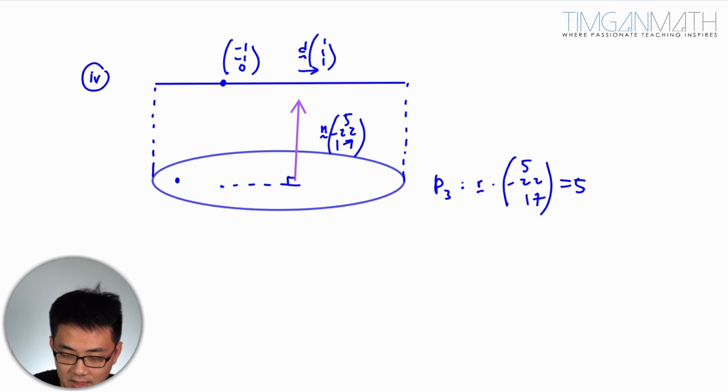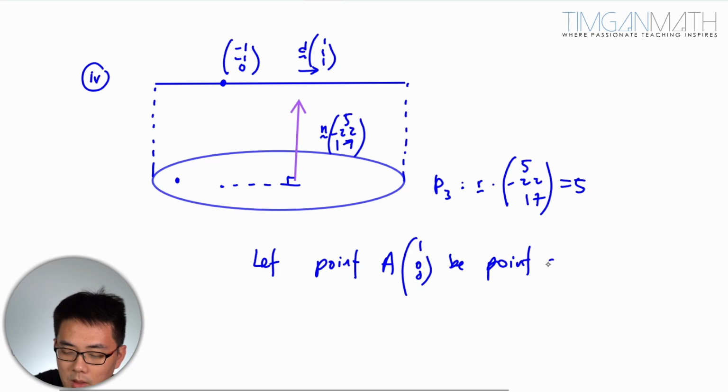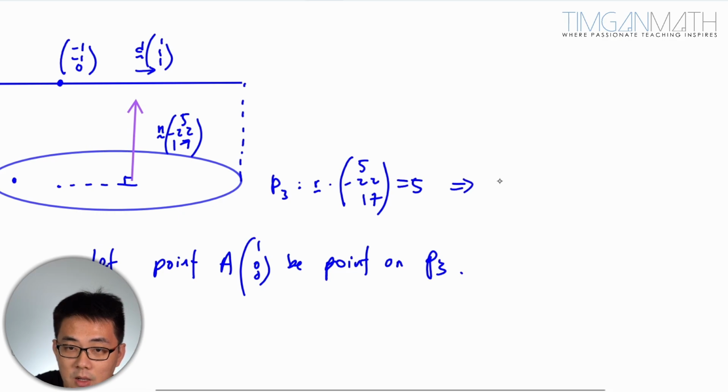So just guess a point on the plane. I'm going to let point A, which is (1, 0, 0), be a point on P3. So you get (1, 0, 0), any combination. So this is actually 5x minus 22y plus 17z equals 5, right?